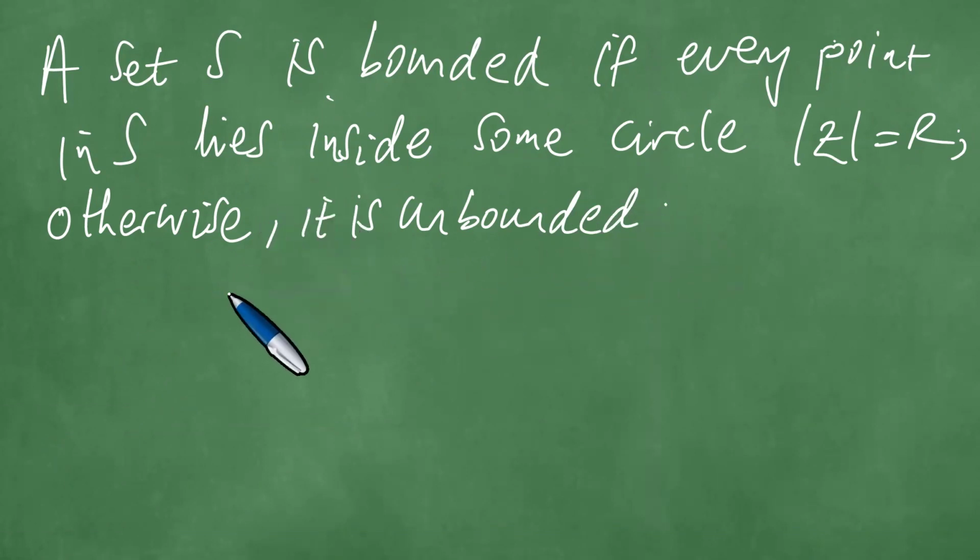Right, so a set S is bounded if every point in S lies inside some circle mod of Z equals R. Right, otherwise it is unbounded.